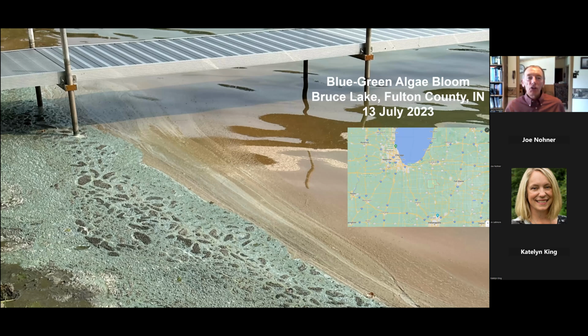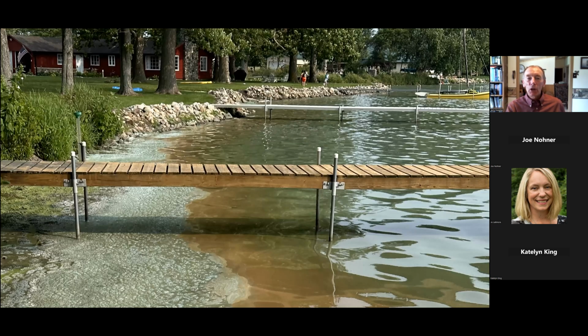We have just finished a 2-year study on this lake, and one of our trips to the lake on 13th of January last year, when we visited, there was one of the most severe blue-green algae blooms we've ever seen. In fact, it was so bad, there was a strong wind coming off the lake, and we could not stand there because our eyes were burning, our noses were being irritated, and it was a major release of toxins from that blue-green algae bloom.